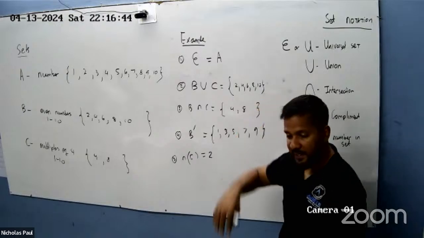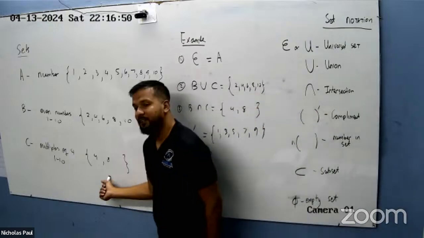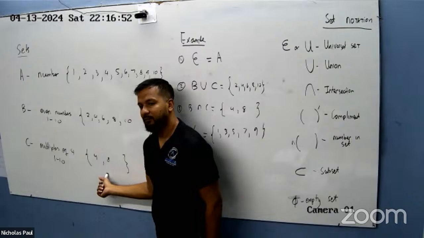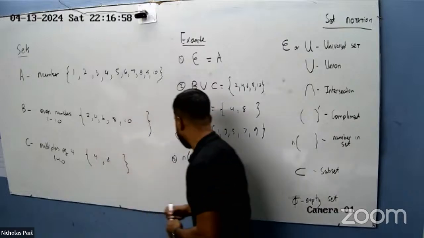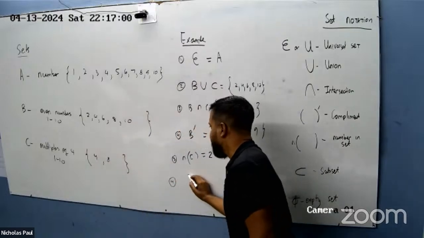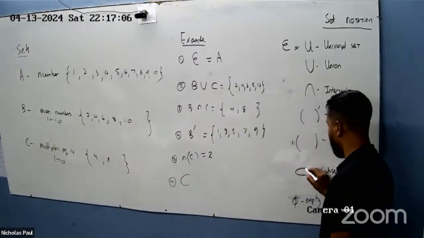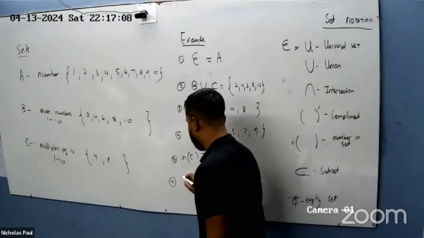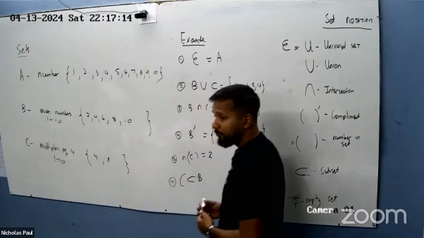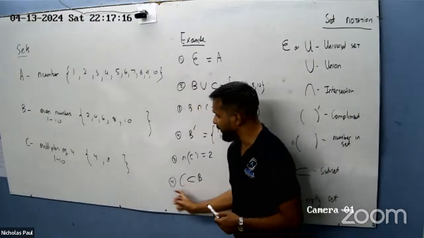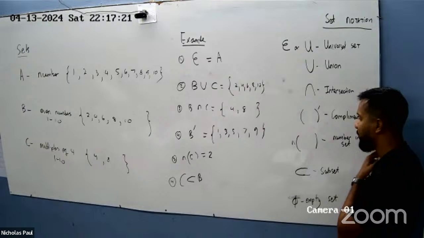So watch this here. All the elements of C belong to B. So it means that C is a subset of B. I write my C, then the subset symbol, then B. So this belongs in this. Okay, C is a subset of B.